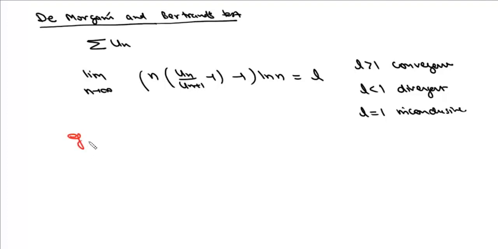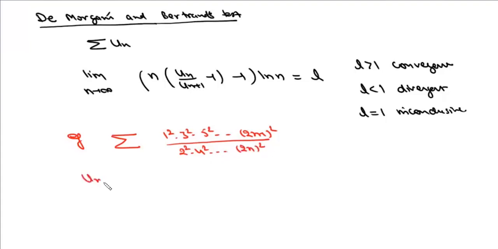Say for example, we have to test for the convergence of this series: 1 square, 3 square, 5 square up to (2n minus 1) whole square upon 2 square, 4 square up to (2n) square.